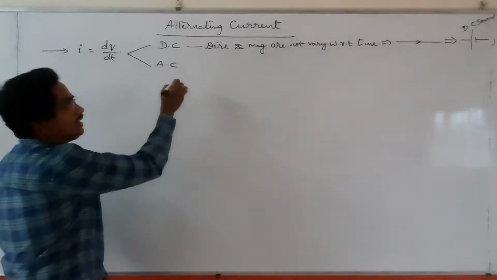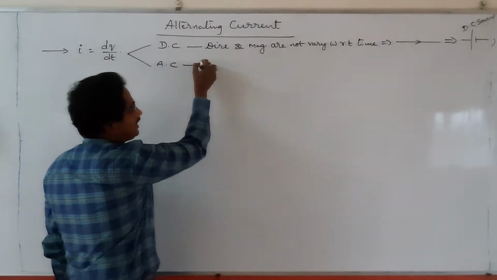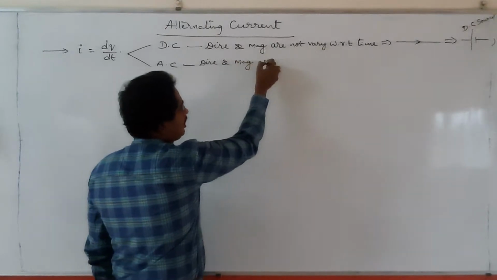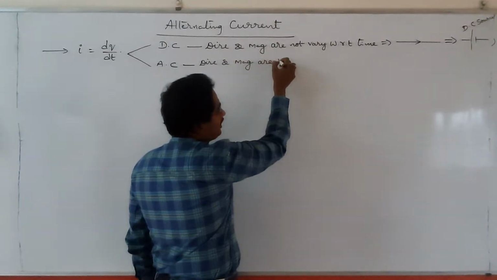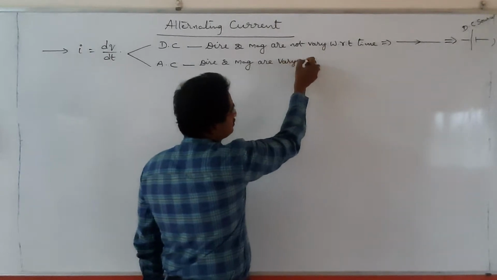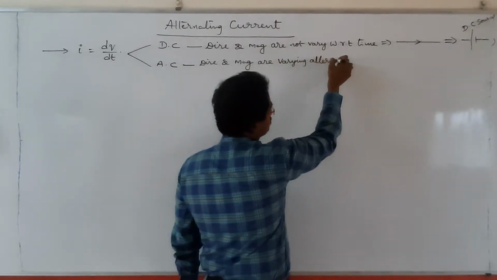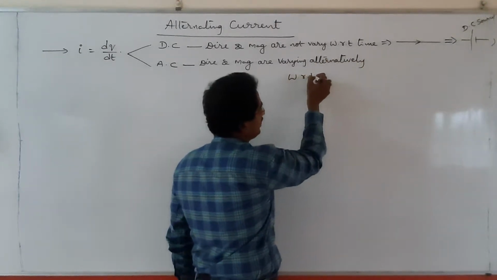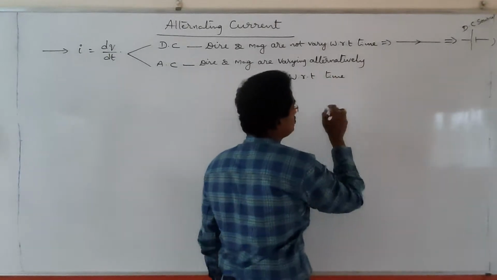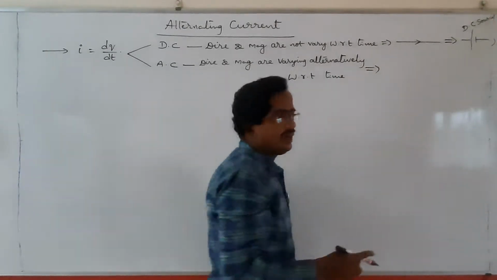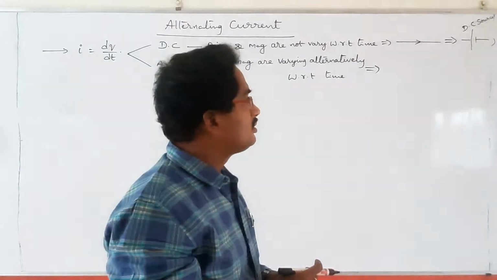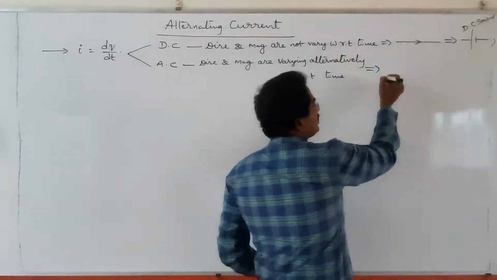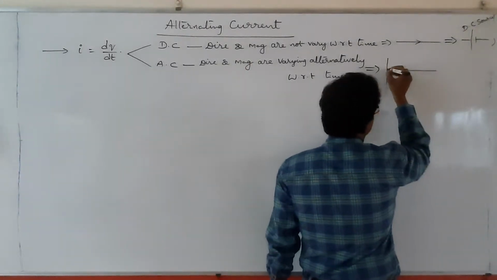Now the second one, alternating current. The definition of that one is: the direction and magnitude are varying alternately with respect to time. It is represented with different waveforms. A good example for alternating current is a sinusoidal current, which was already studied in the last chapter.